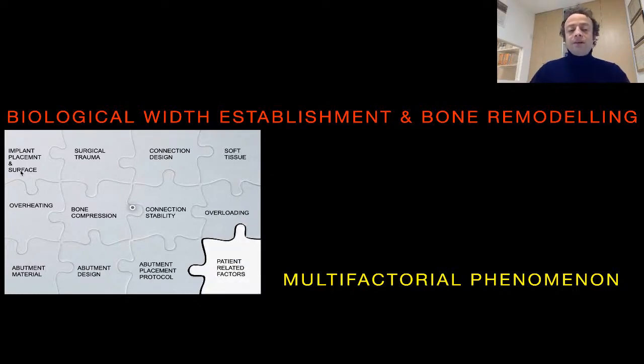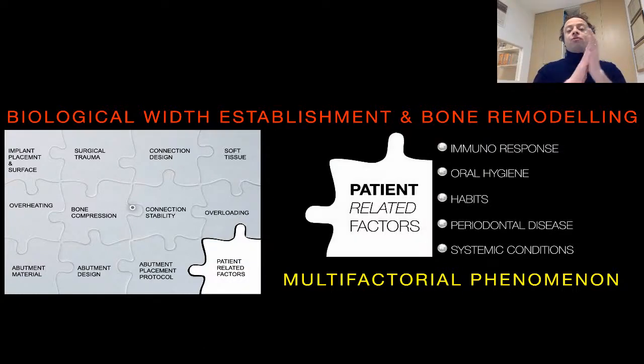But there is another piece of the puzzle, which is the patient-related factors that depend on the immune response, oral hygiene, habits, periodontal disease, systemic condition. So it's a piece of the puzzle that unfortunately we cannot control.